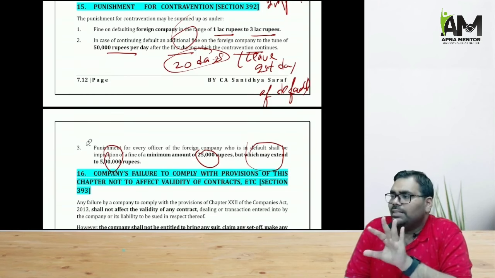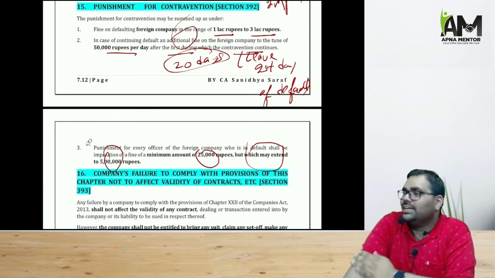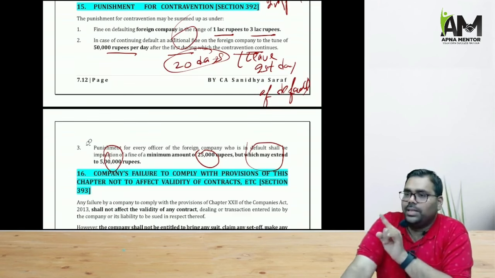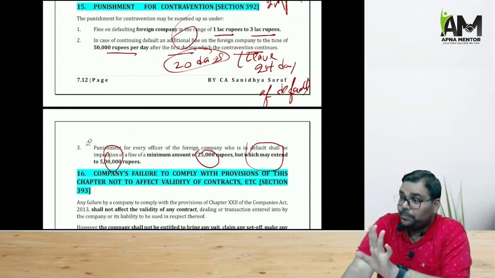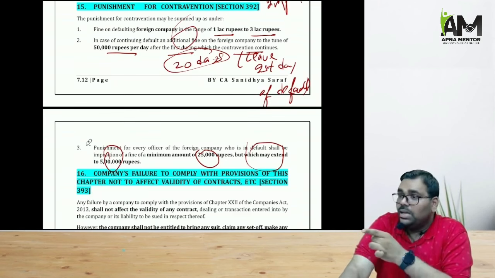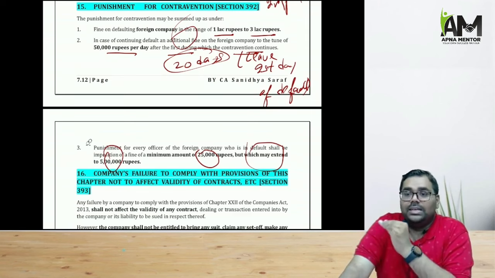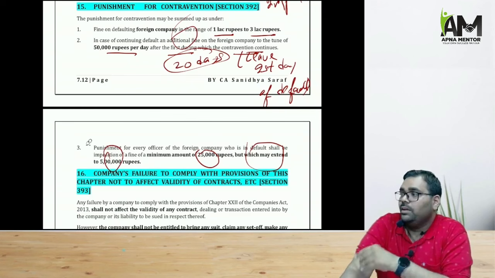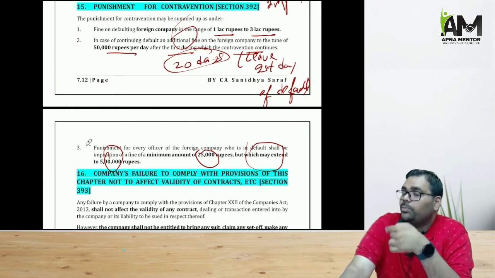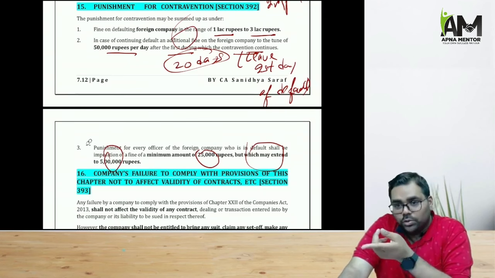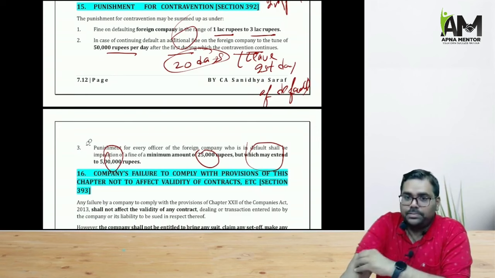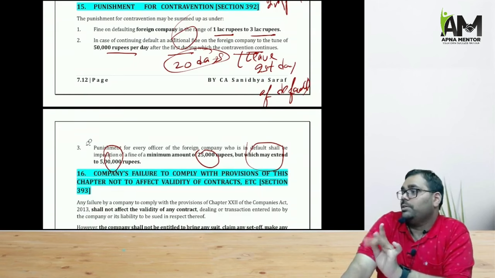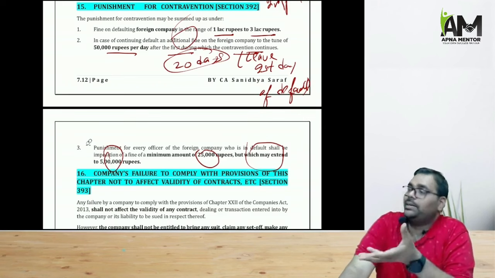And now, when the student asks, sir, do I have to remember the penalties or not? What I always advise is that remembering all the penalties is not possible for you. But whatever penalty is given in your study material, in the study material questions part, in your mock test paper, or in your revision test paper, only those penalties you do, because many times the penalties are repeated from there.